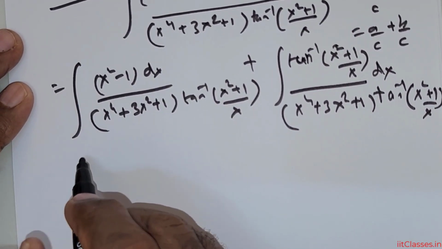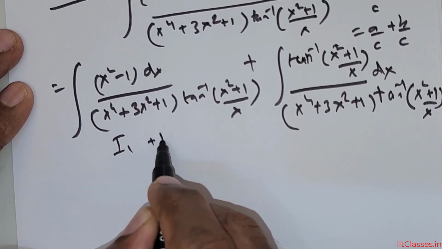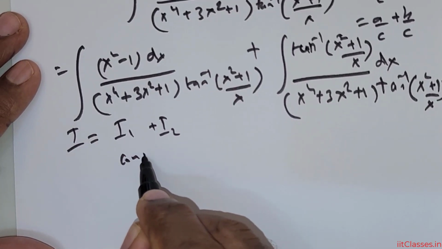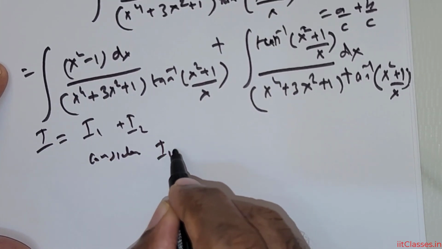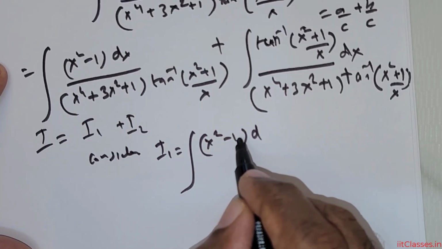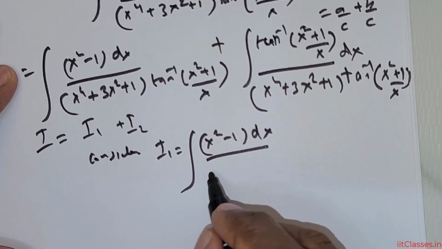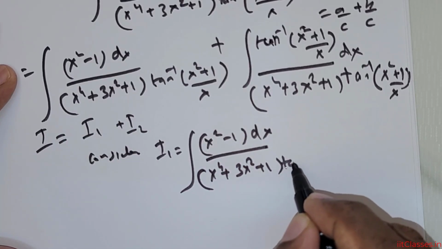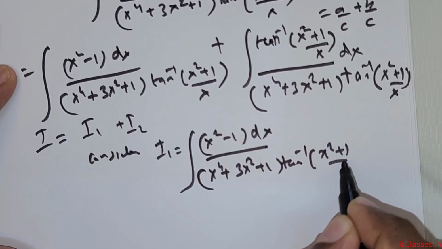Now I can take this as I1 and I2, and the sum is equal to I. Okay, so now I will consider I1 to be equal to the integral of (x squared minus 1) times dx divided by (x to the power of 4 plus 3x squared plus 1) times the tan inverse of (x squared plus 1)/x.